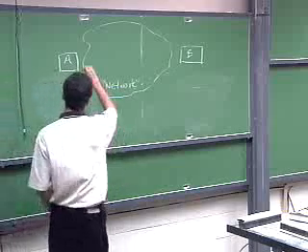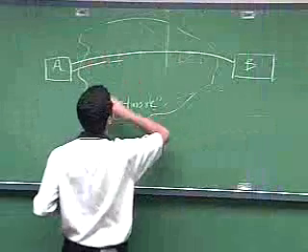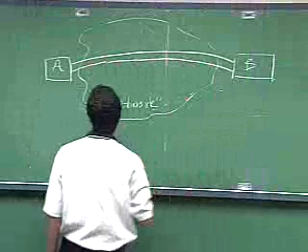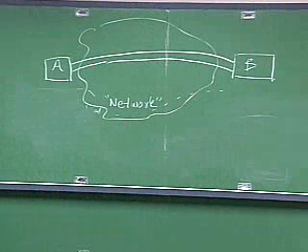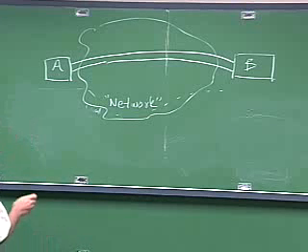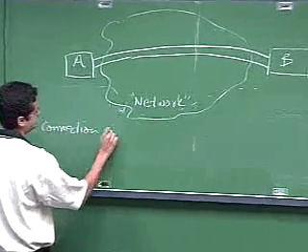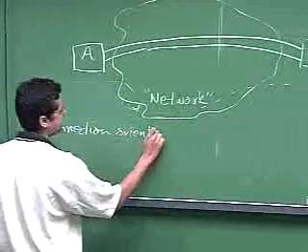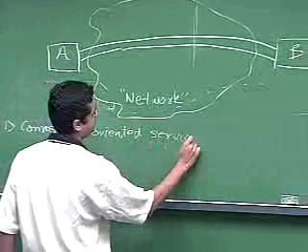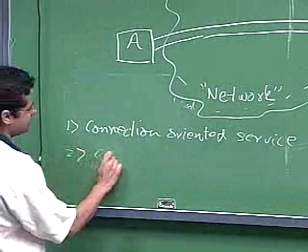So in a connection oriented service, the nodes A and B establish a well-defined connection channel over which all communications will occur. And the other form is a connectionless service.